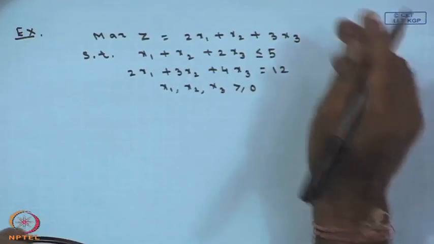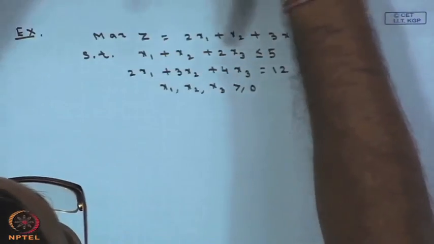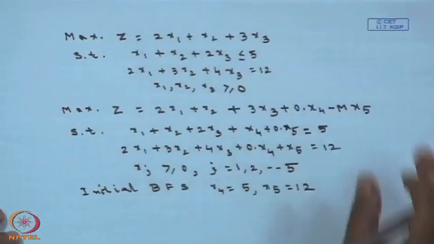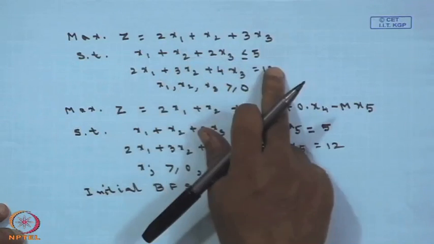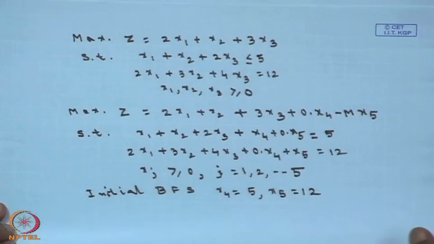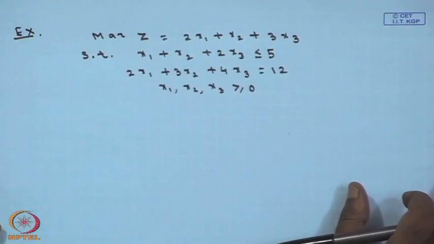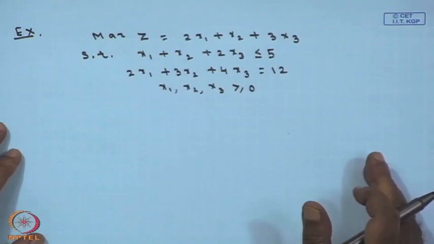If you see this problem, I have just done it. The same problem, we have already solved using the big M method. Now, the same problem we are trying to solve using the two phase method, so that you can understand the difference between these two approaches.